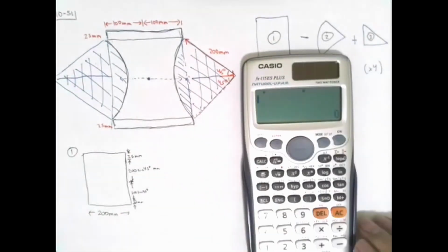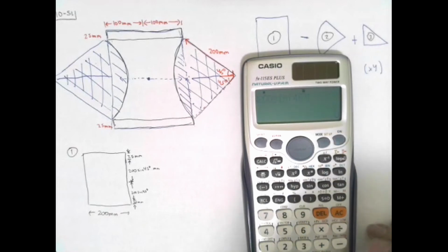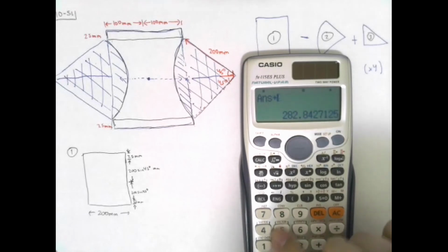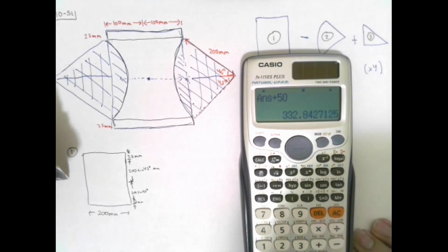So if I add these terms up, I get 332.8 millimeters. I'm just going to round to 333, but you don't round until you do your calculations.